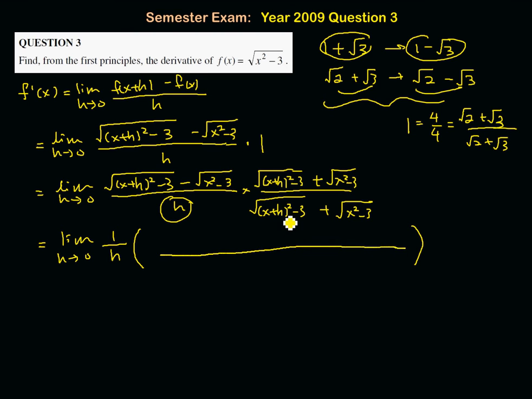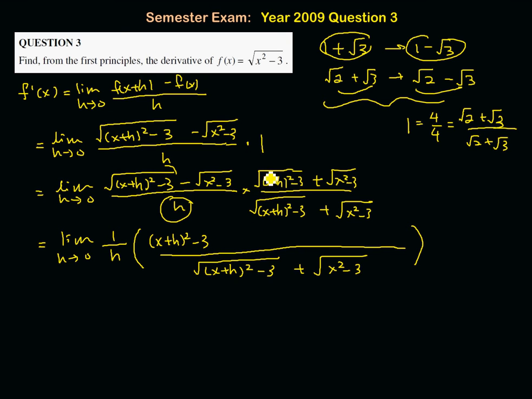The denominator is still going to be this, square root of (x plus h) squared minus 3 from here, plus square root of x squared minus 3. Whereas for the numerator, we do a normal expansion, this term times this term. So you are going to eliminate the square root, and you get (x plus h) squared minus 3. Interesting, isn't it? You are eliminating the surd, the radical sign, one by one.